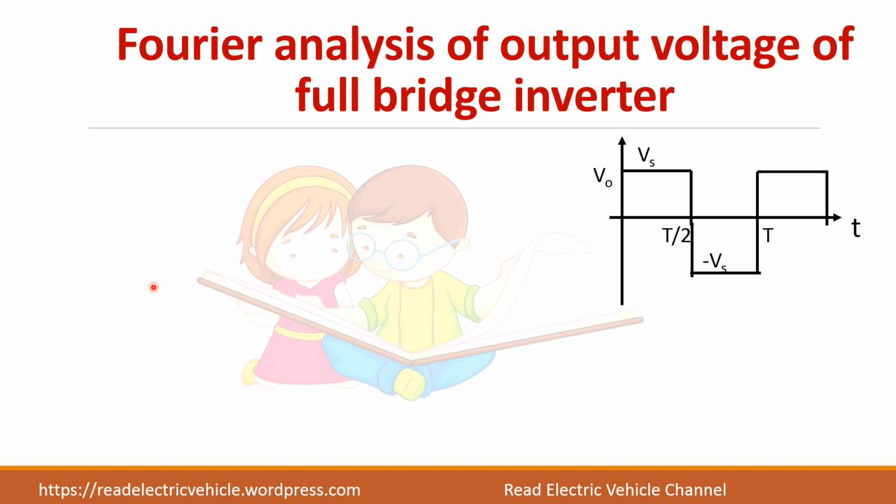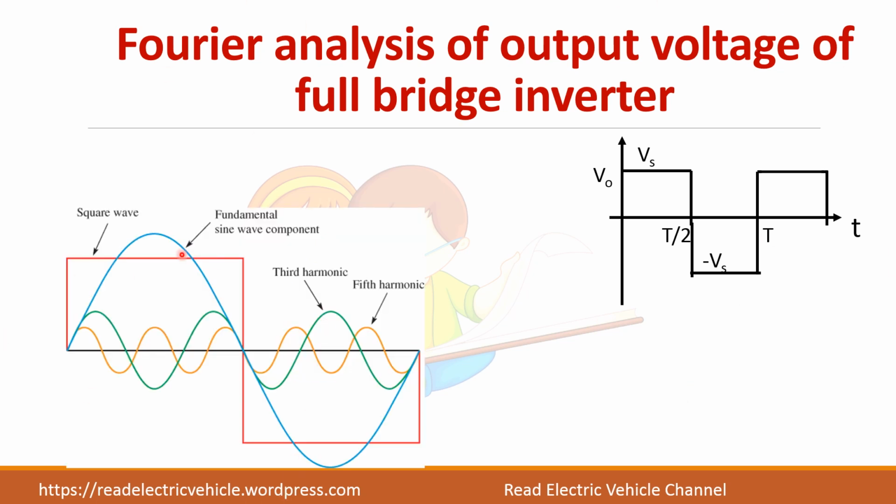Let us do the Fourier analysis of the output voltage of the inverter. Again it is a square wave with magnitude plus Vs and minus Vs. In this square wave you have a fundamental component which we want, and we want to know what harmonics are present so that we can eliminate them.